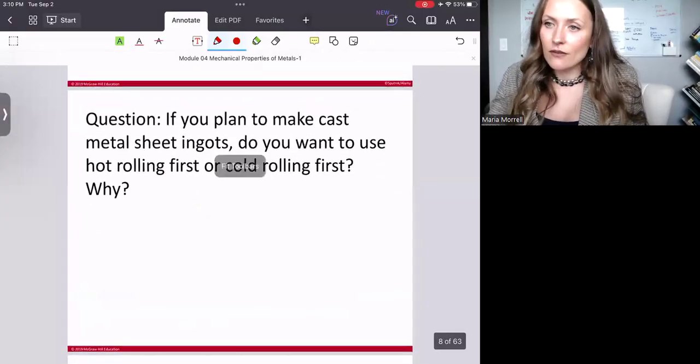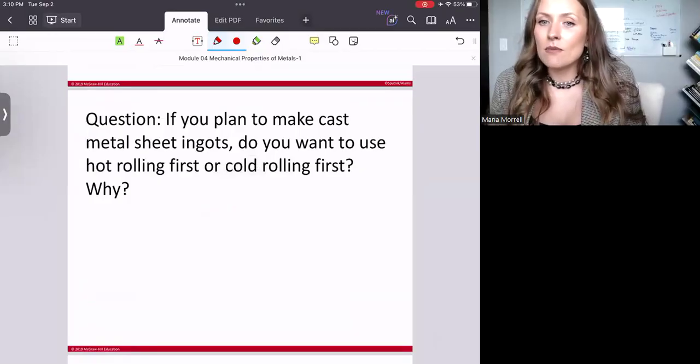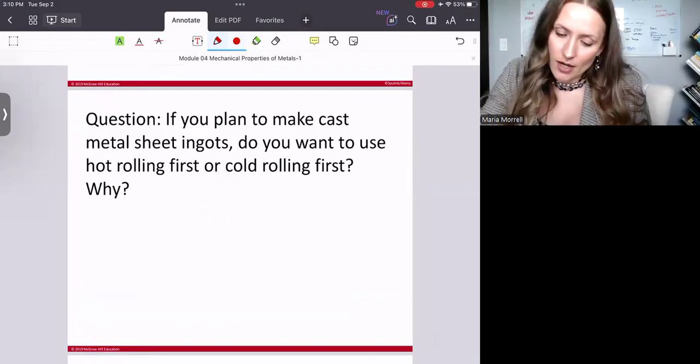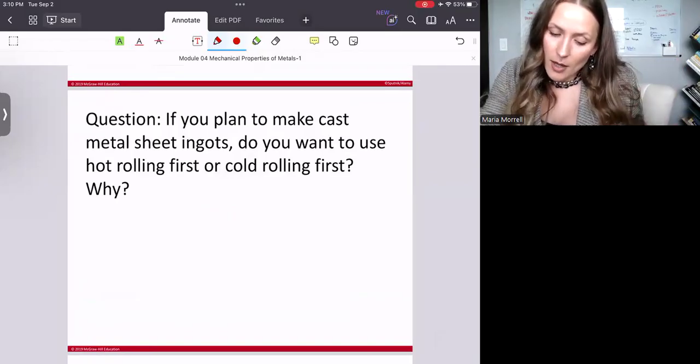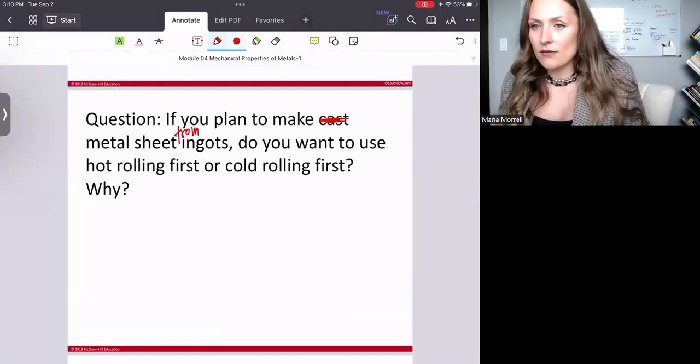Perhaps now that we know the difference between the two, the question is, if you plan to make cast metal sheet, hmm, that doesn't sound like English, right? Let's reword it a little bit. If you plan to make metal sheets from ingots, right?